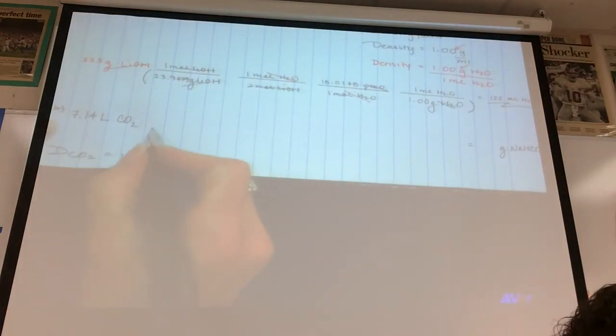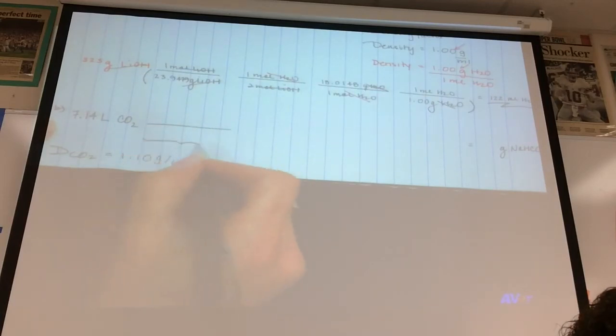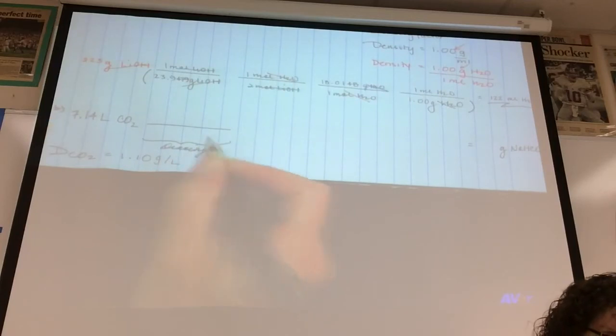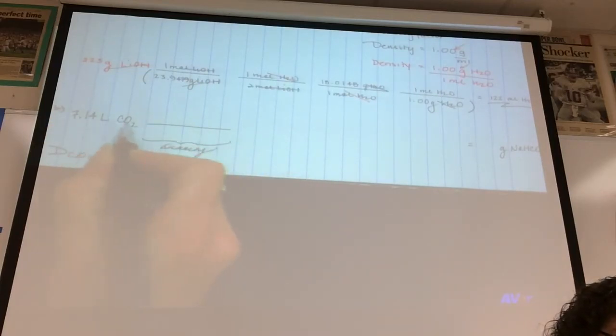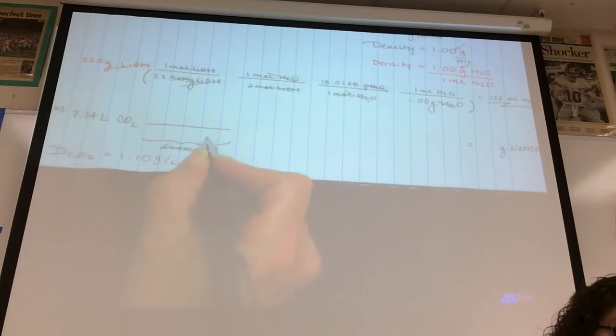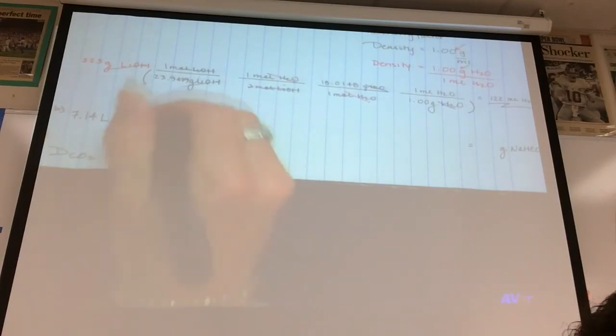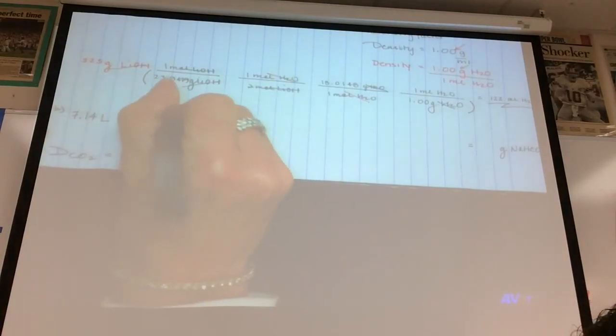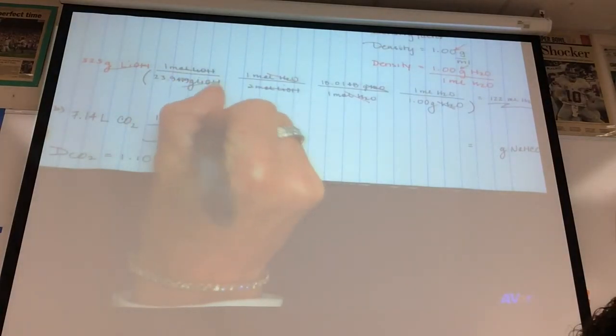Here's the only difference. If they give me volume, my density factor is up front. Now, if liters are given, what goes in the denominator of the fraction? Liters. So that's just going to be 1 liter of CO2 and 1.10 grams of CO2.